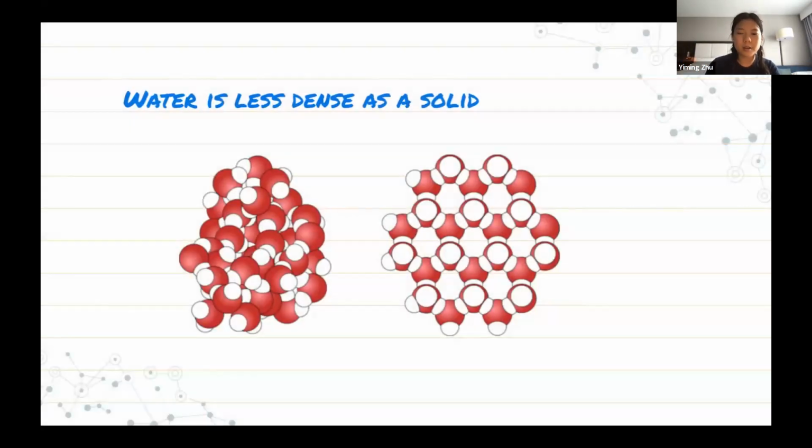All right. So, water is actually less dense as a solid. So, there's another practice question. Say this picture was picture one and this picture was picture two, which one do you guys think is water and which one is ice? And then which one is more dense?